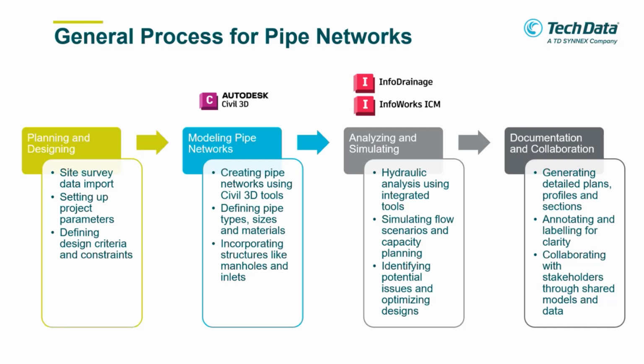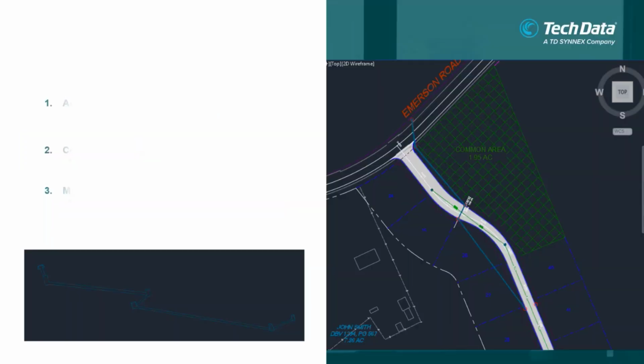So it is actually inside Innovyze, which is under InfoDrainage and also InfoWorks ICM. And lastly, of course, after you have done your piping design, you will do some documentation, right?